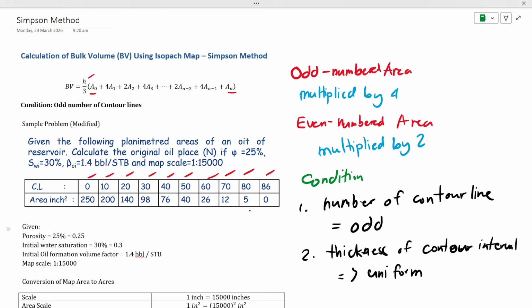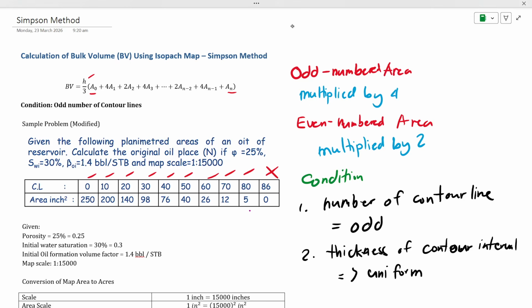If we exclude at least one, the total number will be 9, and that is odd. If we exclude the last contour line, the total number will be 9, and we satisfy the first condition.